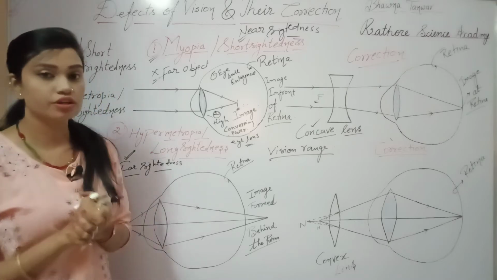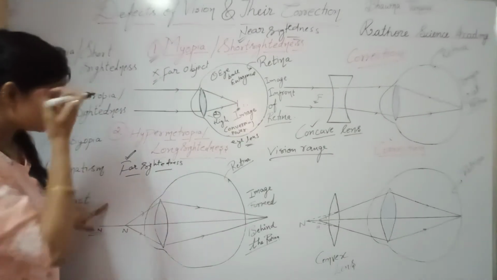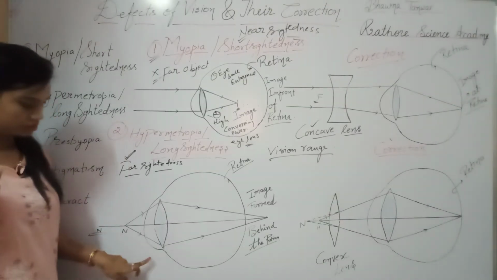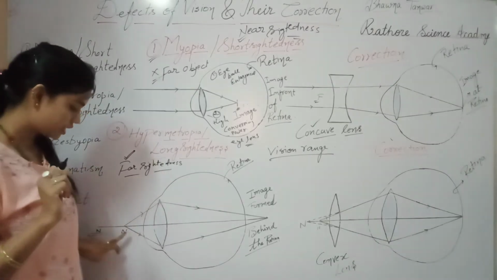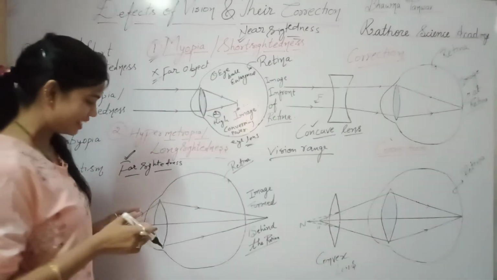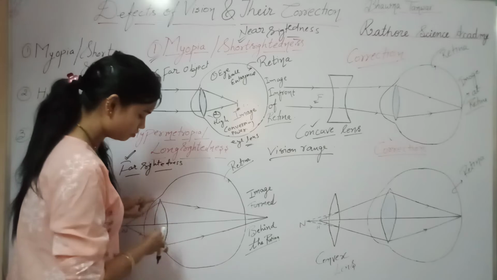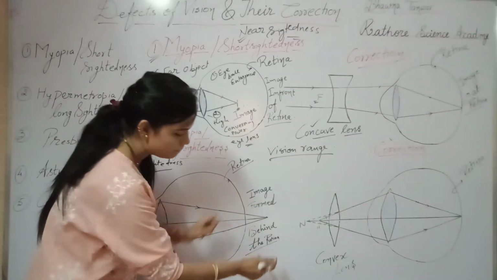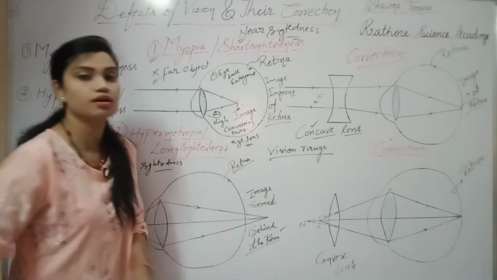So how will we cure it? First we will discuss why it happened. If you are able to see this diagram, the light ray comes from the near object and is converged by our eye lens, and they meet behind the retina.